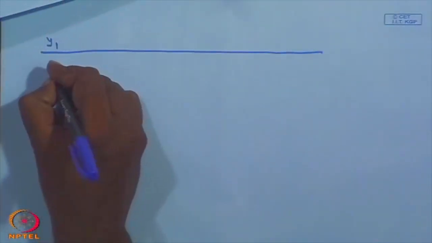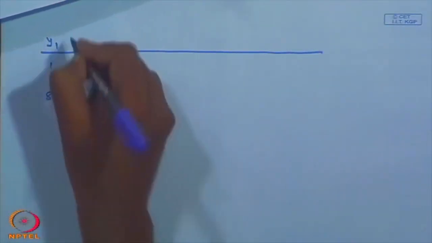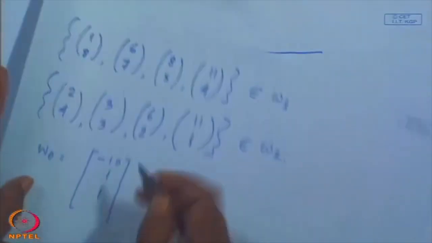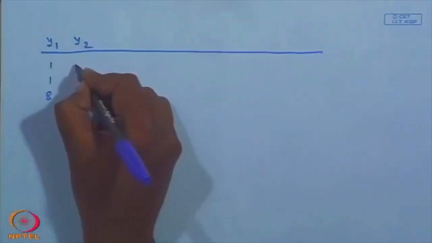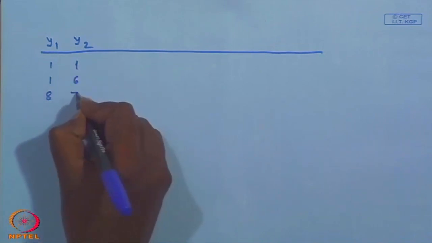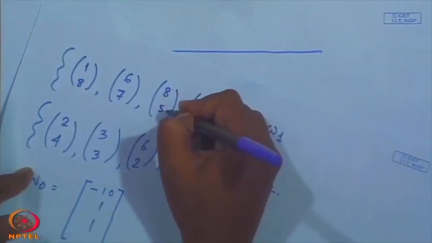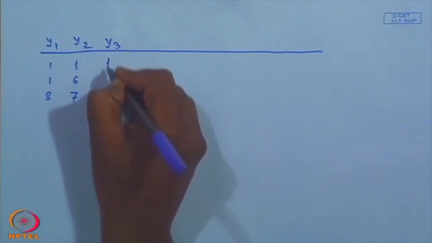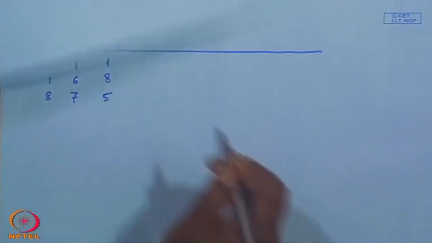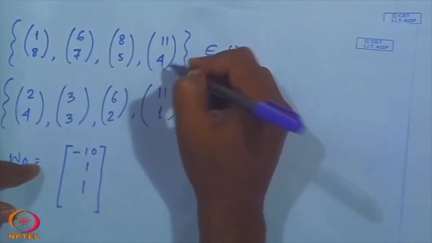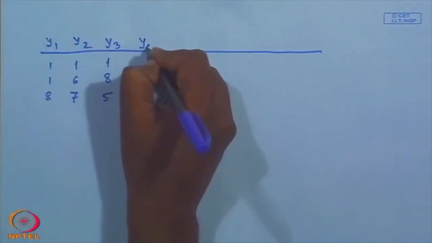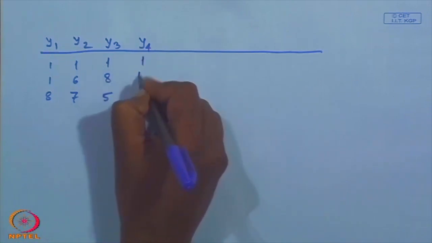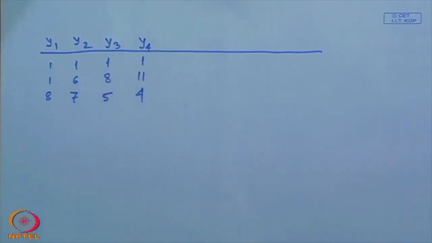So, it becomes 1 1 8, y2 is 6 7. So, I will get 1 6 7, y3 is 8 5. So, y3 will be 1 8 5, y4 is 11 4. So, I will have y4, which is 1 11 4. So, these are the appended samples or modified samples from class omega 1.